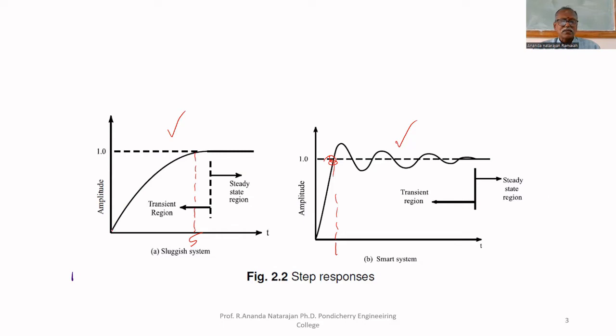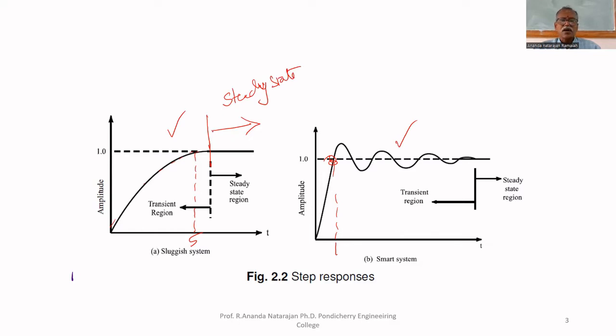This part is called the transient part. It is varying, it is not fixed. Finally it reaches the final value and remains there. After this part is called the steady state region.